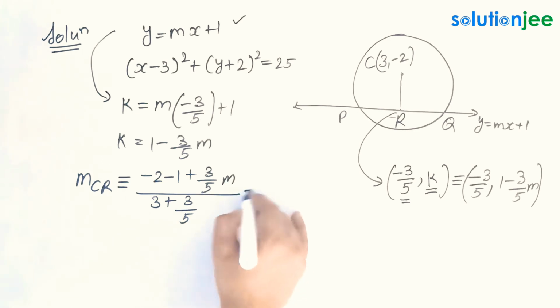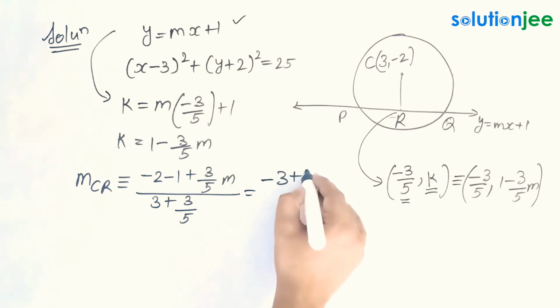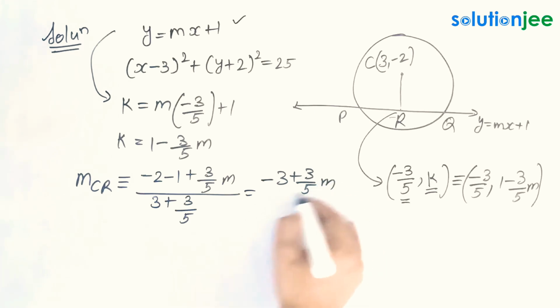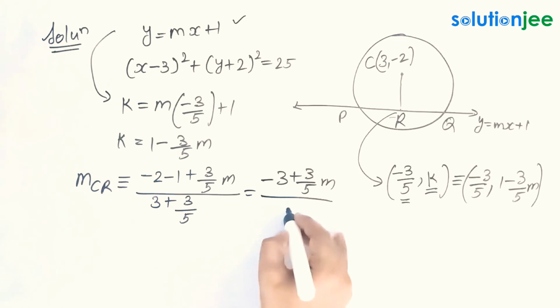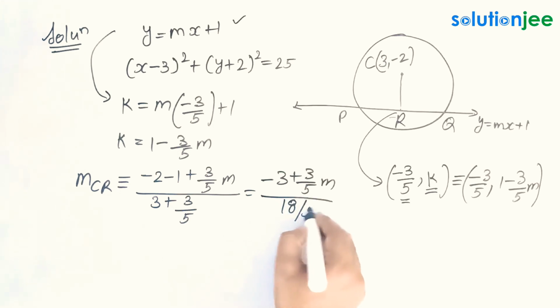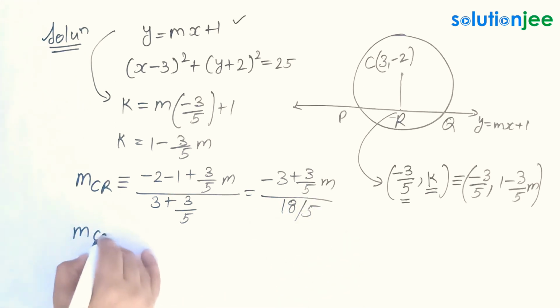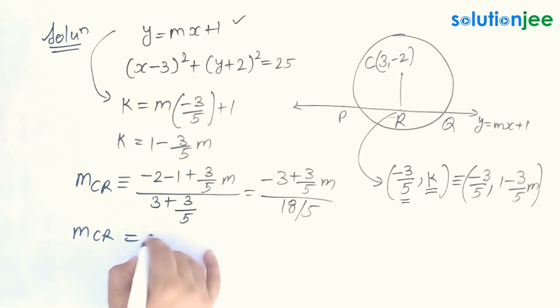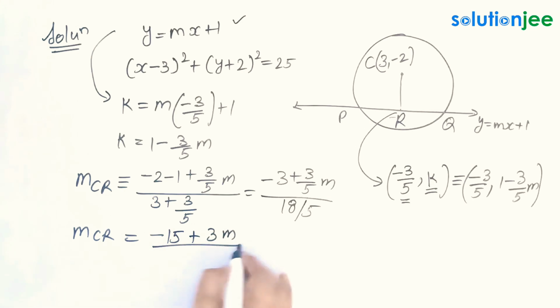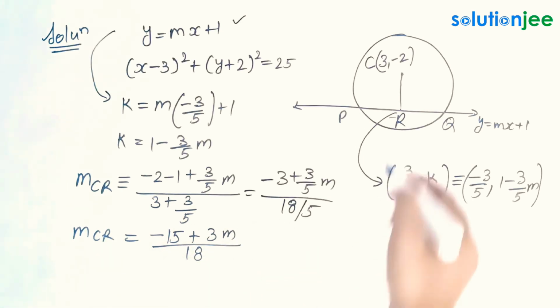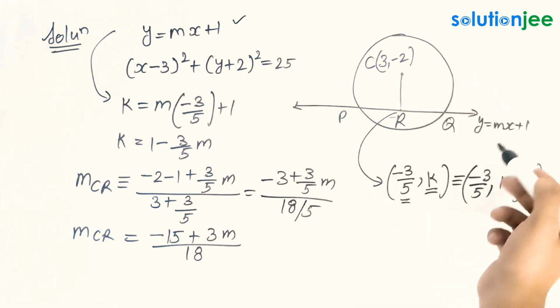It will be (minus 3 plus 3 by 5 m) whole divided by 18 by 5. So m_CR is equal to (minus 15 plus 3m) whole divided by 18. So it is the slope of CR.